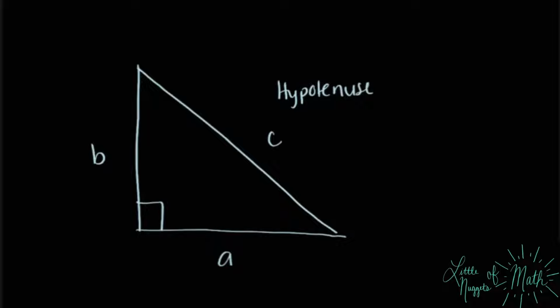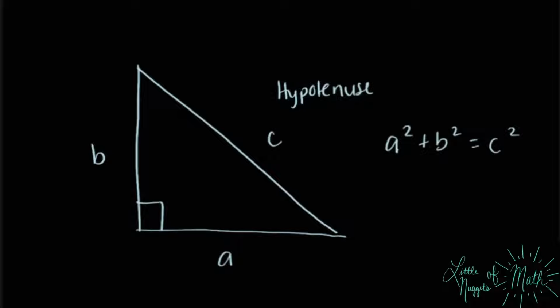The Pythagorean theorem says that the squares of the length and the height will be equal to the square of the hypotenuse, or a squared plus b squared equals c squared. So if we know a and b, then we can find c, or if we know any combination of two sides, we can solve for the missing side.